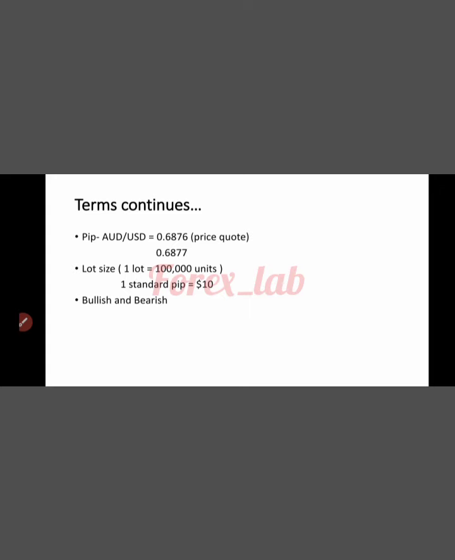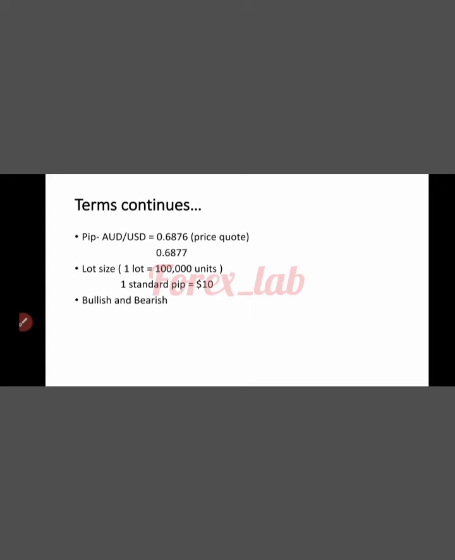It is used to measure value. An instance of this can be seen on the page. We have Australian dollar against US dollar. Let's say the quote for these two is 0.6876. That is the price quote for the pair.